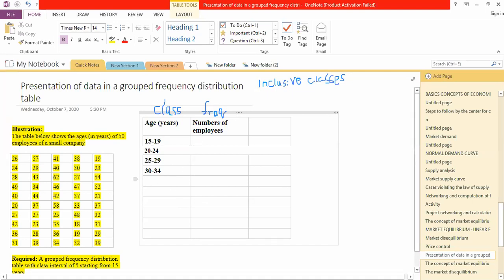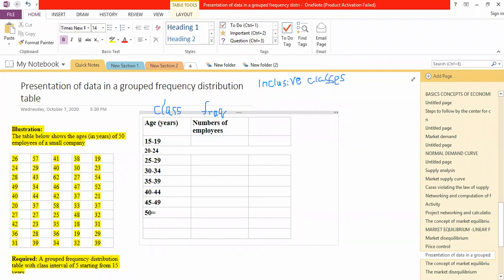The next class we have 35 to 39. Next class we'll have 40 to 44. 45 to 49. 50 to 54.